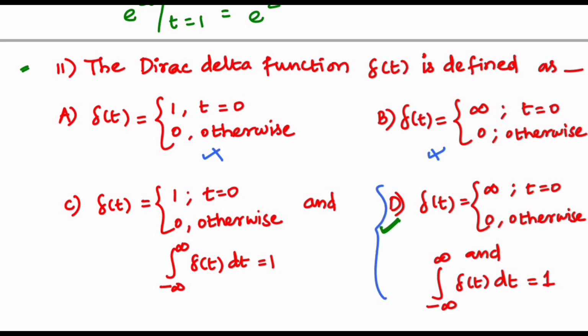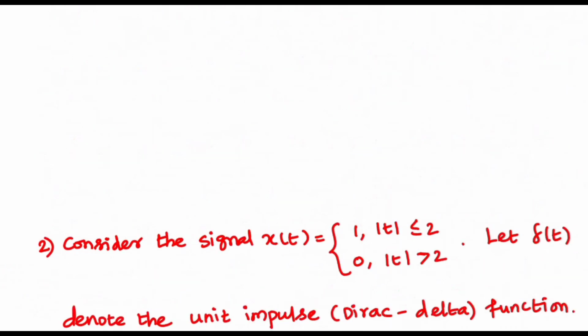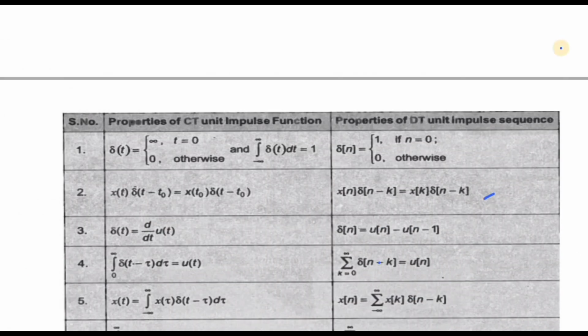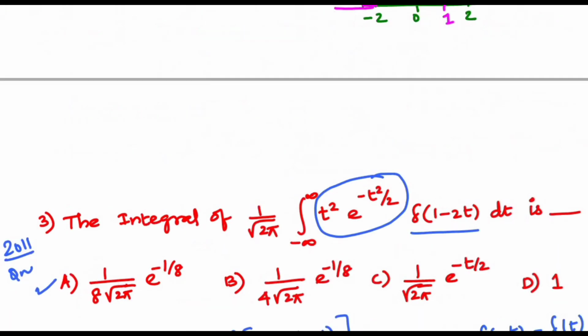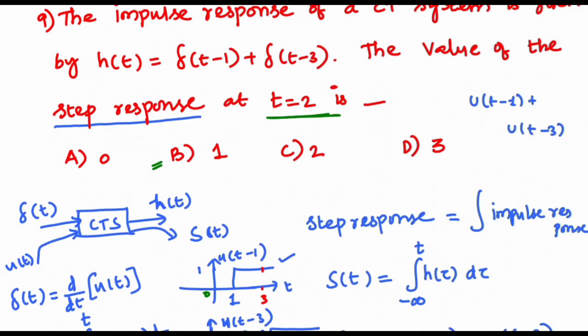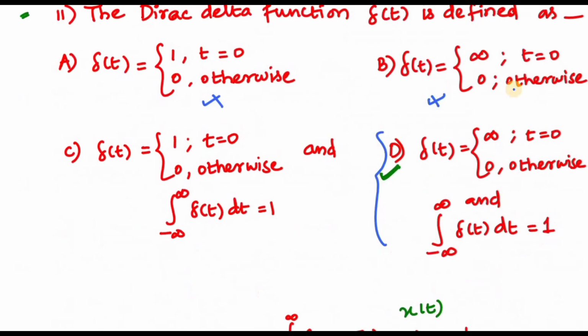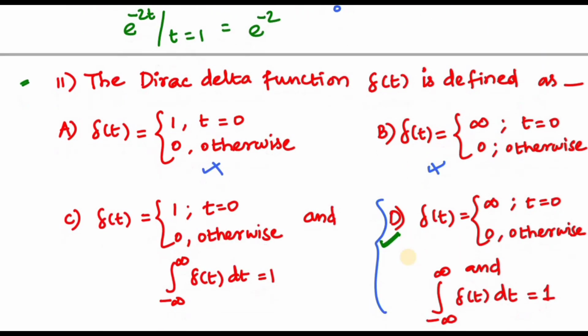You can refer to the first property: del of t is equal to infinity at t equal to 0, and 0 otherwise, and the integral from minus infinity to infinity of del of t dt is equal to 1. So this is your property, and D is your answer.